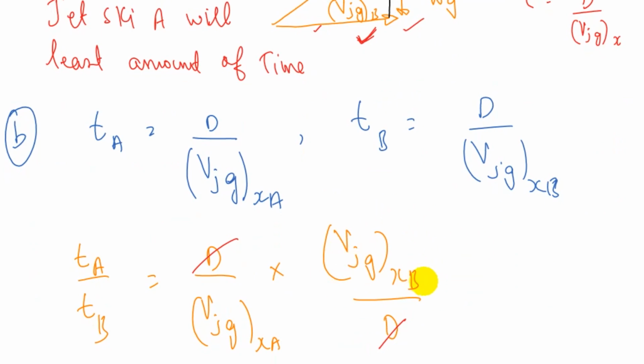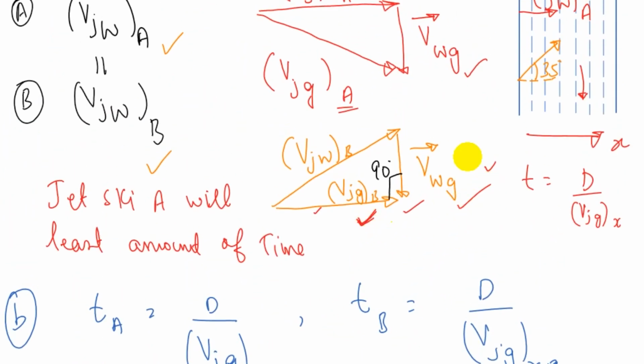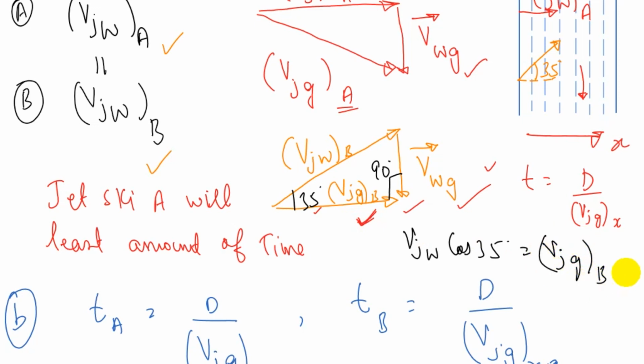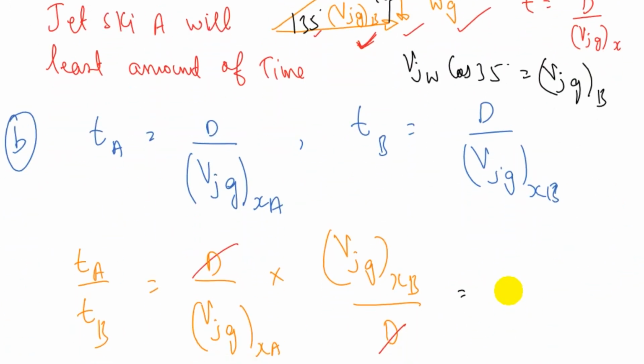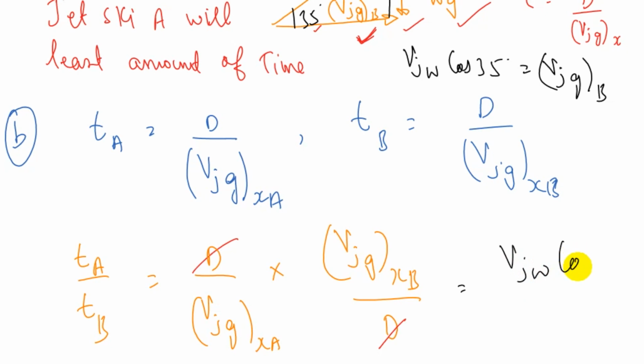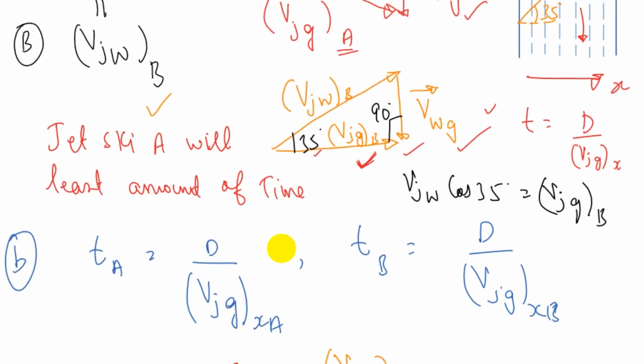Now what is the x component for B? Looking at the vector diagram for jet ski B, we can write that VJW cosine 35°, because this angle is 35, so this is also 35, is equal to the x component of VJG for B. So we can write this as VJW cosine 35° divided by the x component for VJG, which is here.